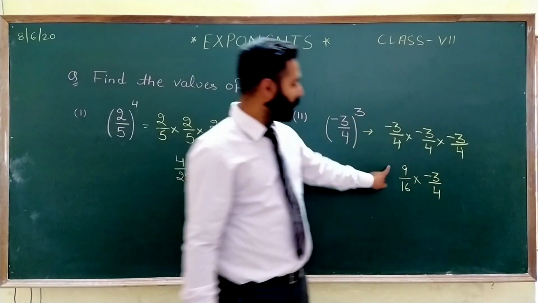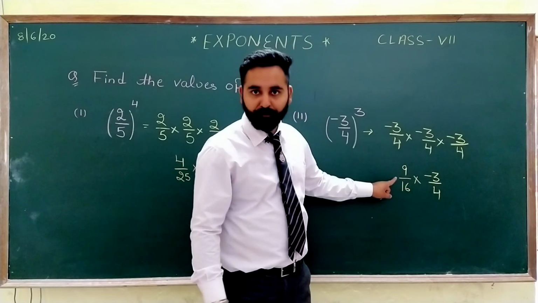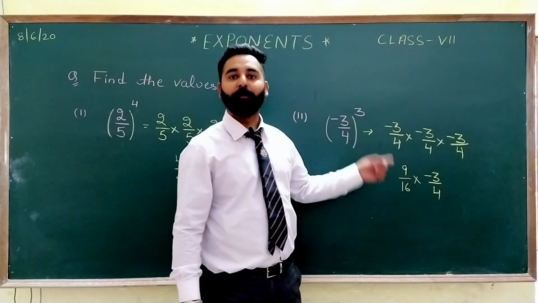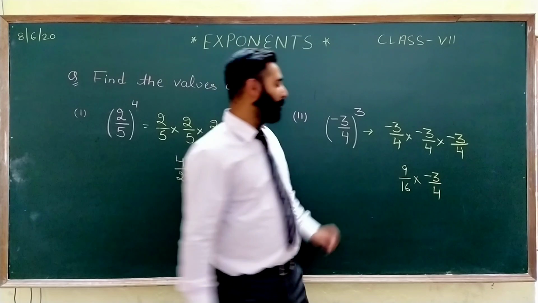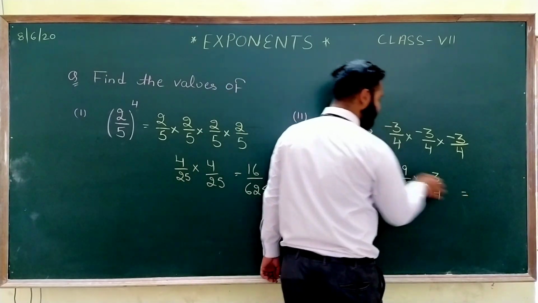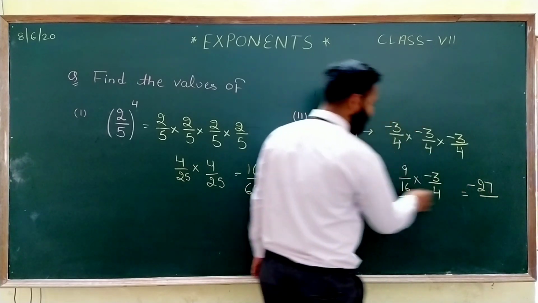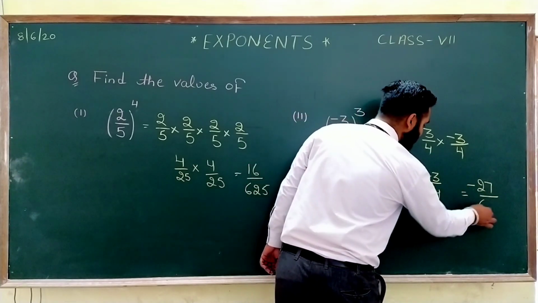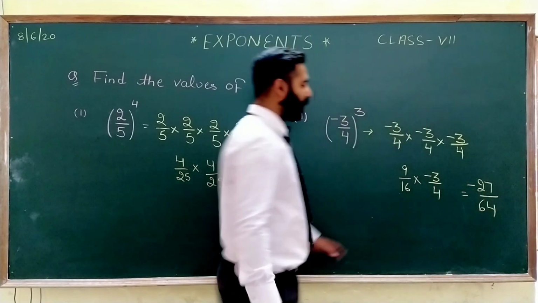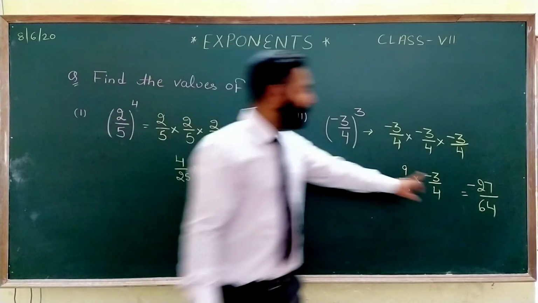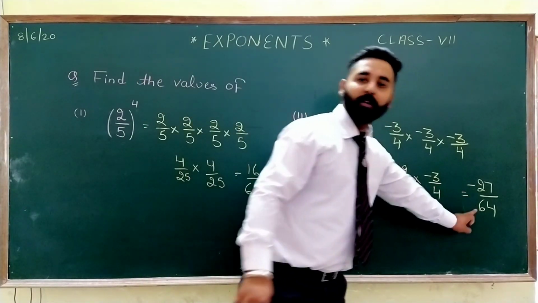Now, two integers with different signs, what will we get? We will get the sign of minus. Yes, 9 into 3 is minus 27, and 16 multiplied by 4 is 64. So the answer of this part will be minus 27 upon 64.